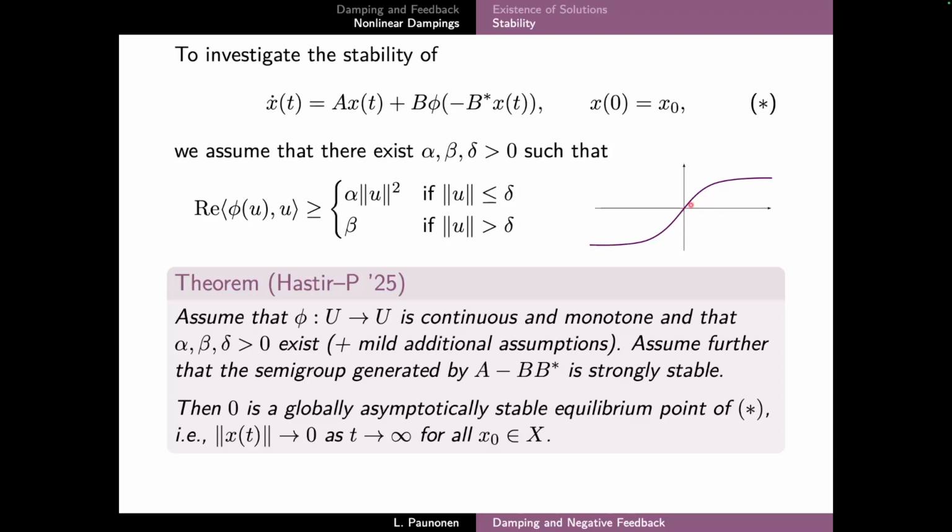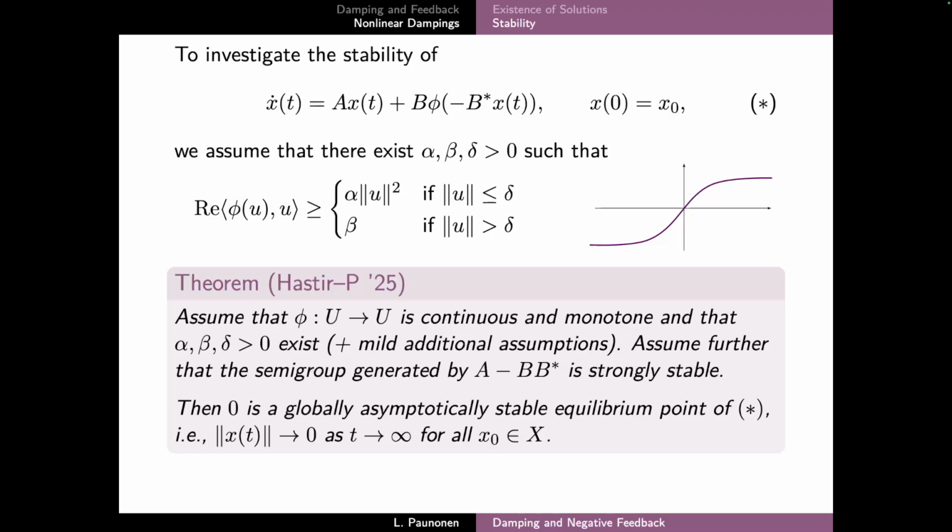But after this, outside the neighborhood of the origin, we don't need a very strong lower bound on the function phi. But assuming this condition, our result says that if the corresponding linear model is strongly asymptotically stable, then also our nonlinear system is globally asymptotically stable. And all of the solutions of this equation converge to zero as t goes to infinity.